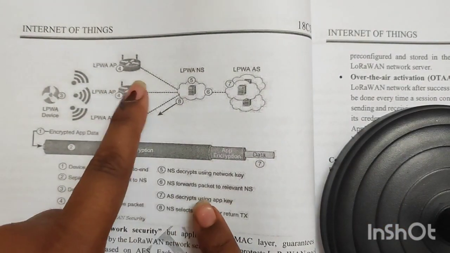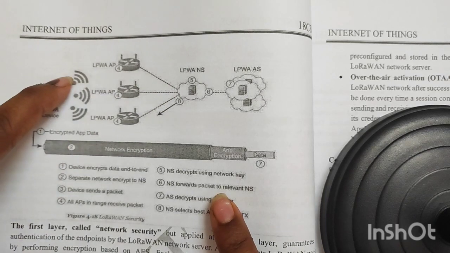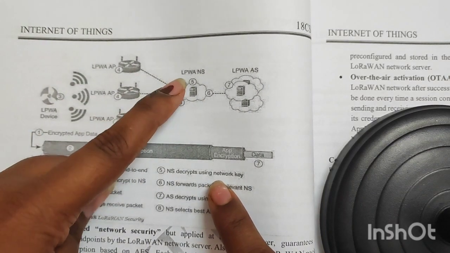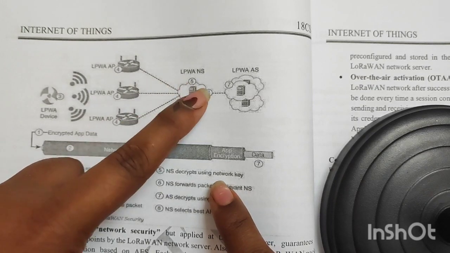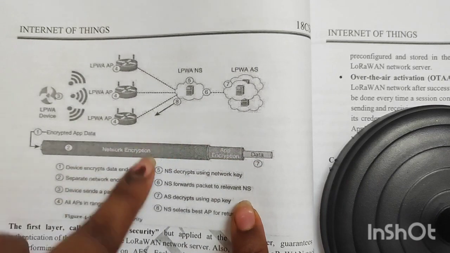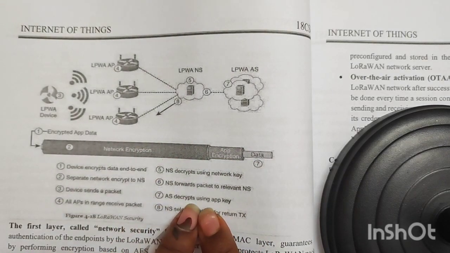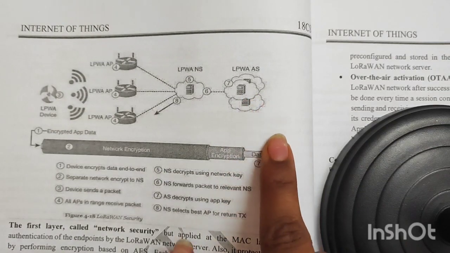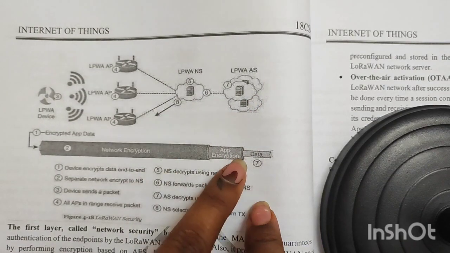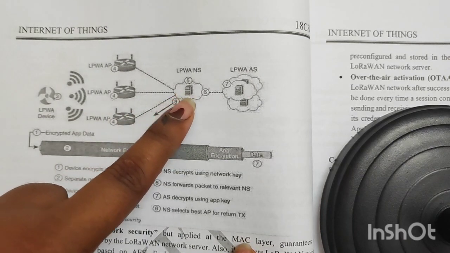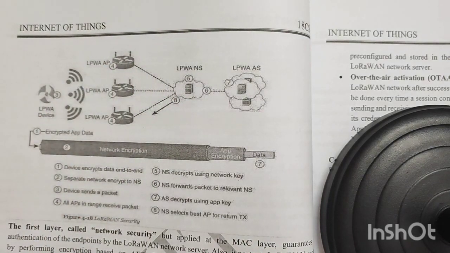The AP gets the packet and sends it to the network server decryptor. The network server decryptor decrypts the network layer, and then it is forwarded to the AS decryption. The app server decryption happens, and then your network server selects the best AP for returning the information.